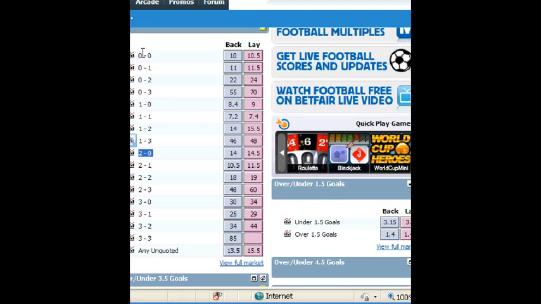So that's an example of how we could use an equivalent market to cover more than one score. Now if you look at all the scores of 0-0, 0-1, 0-2, 1-0, 1-all and 2-0, all the ones that are under 2.5 goals, and add them together. I've just done that.